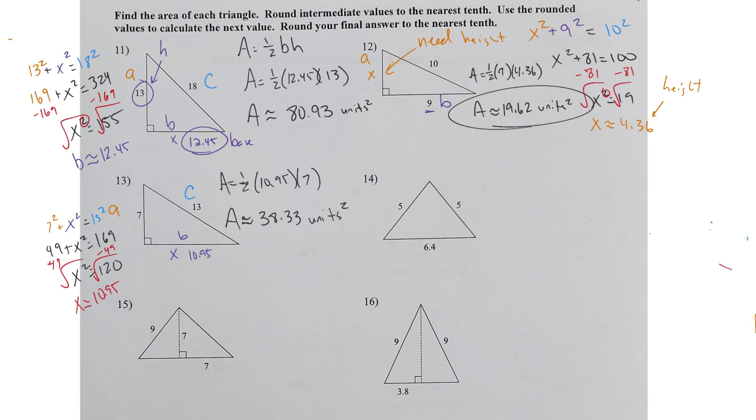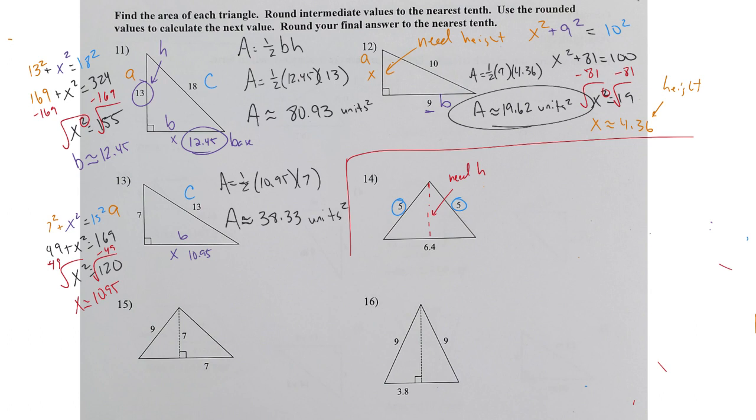So 14 is a little bit different because look, we need this height. All right. So what I'm going to do is, I can do this because this is going to tie in some of the properties that we've discussed before.